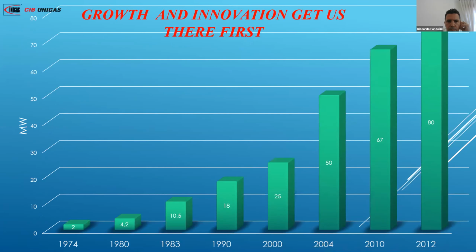And here you can see the improvement in burner power, so the size of the burners especially. From the start till 2012 we reached more than 70 megawatt of power, and the range of the burner is for all types of functionality.